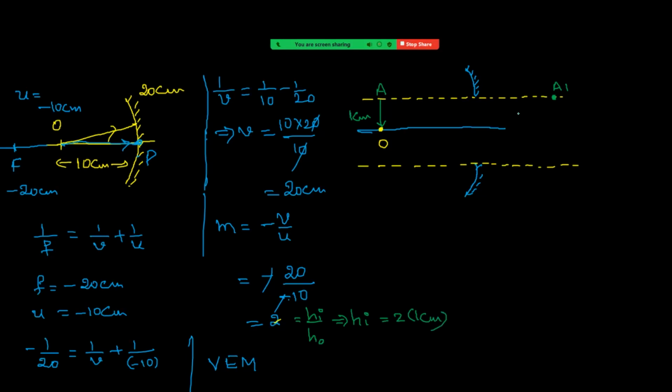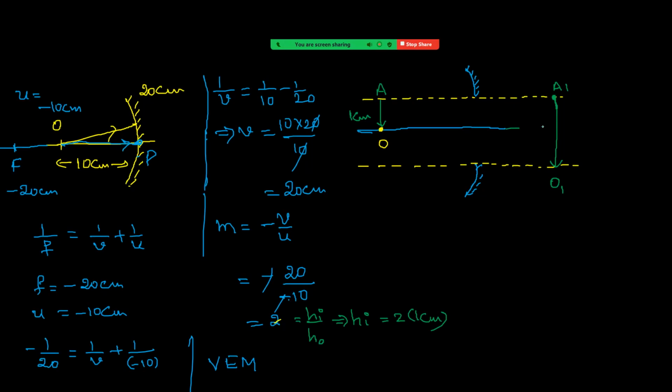That means the image will be now like this. This is now the image of O. I am taking this as O1. That is the image by the upper one.